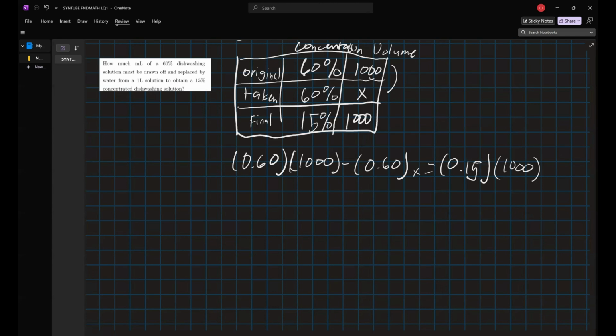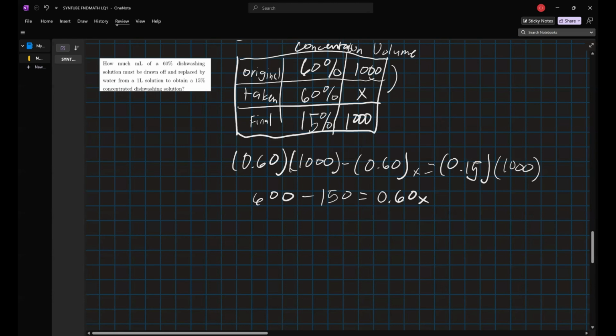Right? So basically, we have to transpose this to the other side and this to the other side. So that would give us 0.6 multiplied by 1000, or yeah, we can just multiply it by 1000. So that would give us 600 minus 0.15 times 1000, that's 150, equal to 0.60x.